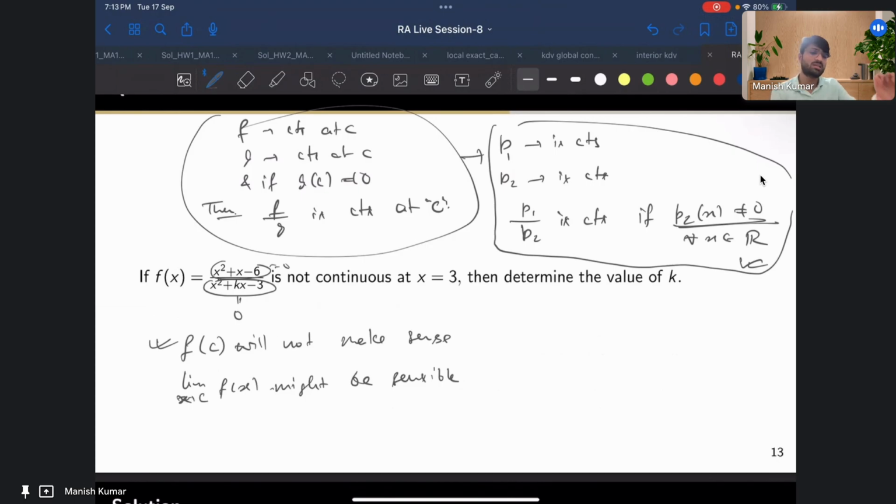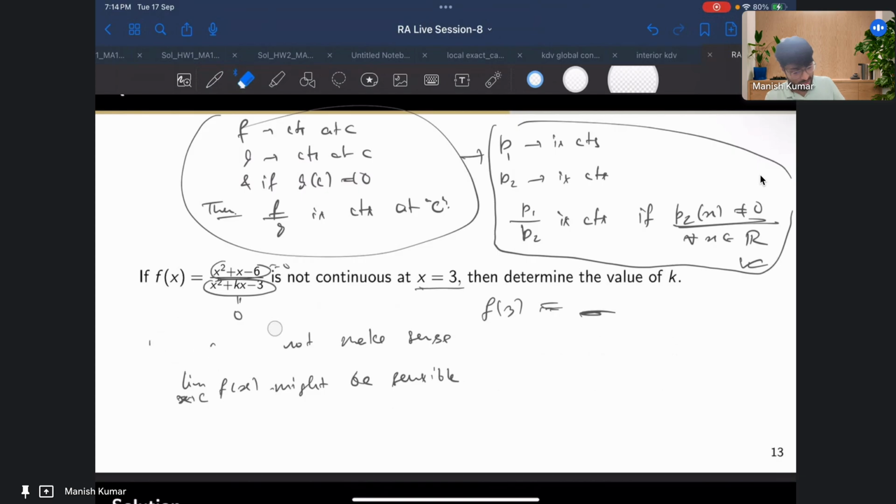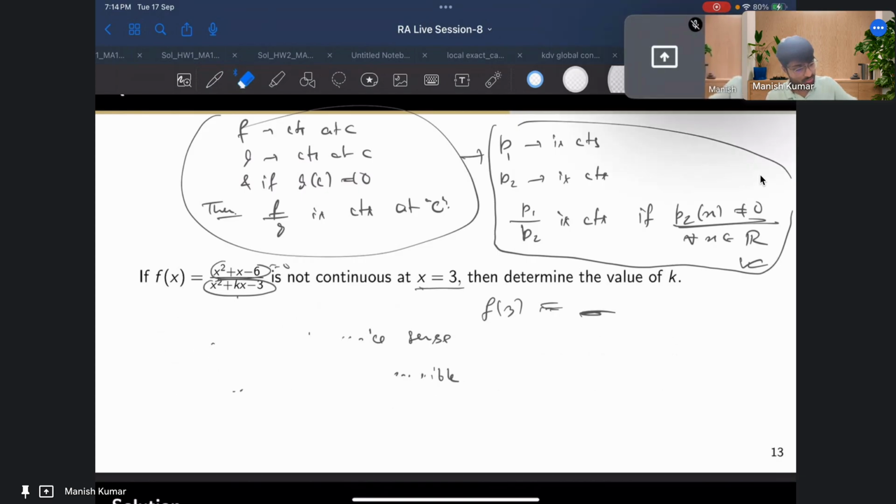If you can precisely give the value, for example in this case if I define f at 3 to have a certain value, then you can say that it is continuous, but in general you cannot say. Clear.